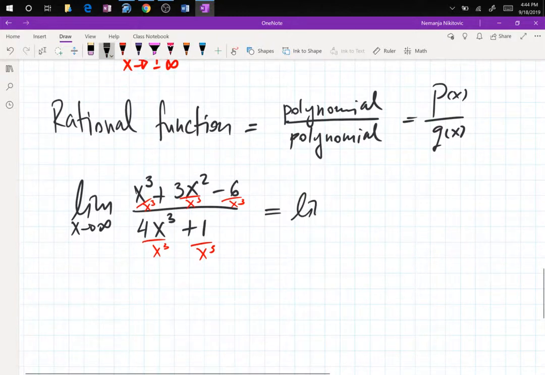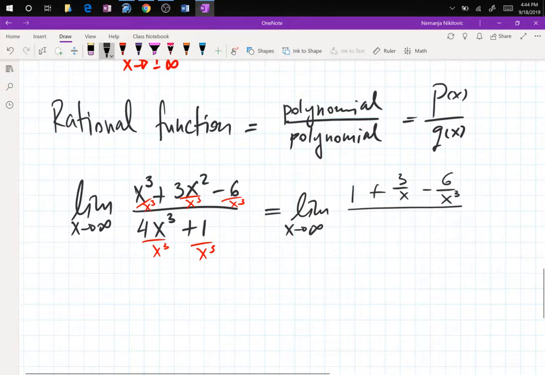So what do we get? The limit as x goes to infinity, and now I have 1 plus 3 over x minus 6 over x cubed, divided by 4 plus 1 over x cubed. That's what we have. And now we just need to figure out how to compute this.